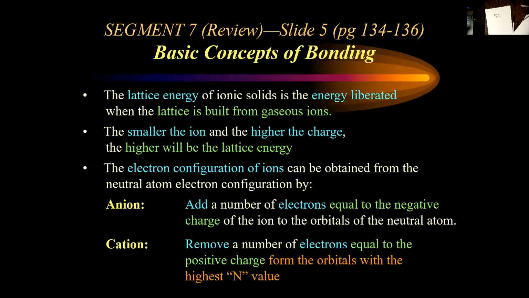It would gain 2 electrons. So I could get that configuration for the anions just by doing the element. If it's -2, just do the element 2 columns over. If it's -3, do the element that's 3 columns over, and so forth.